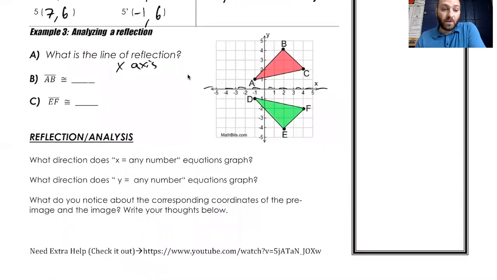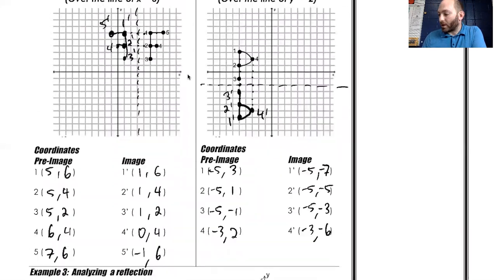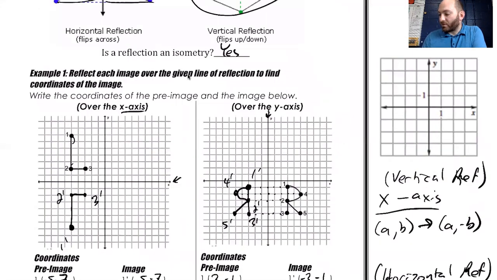And remember, the x-axis, I could actually label that with y equals 0. Okay, so one thing I didn't mention earlier: if I reflect over the x-axis, that is also reflecting over the line y equals 0. If I reflect over the y-axis, I'm reflecting over the line x equals 0. So if you see those numbers, those are actually referring to their axes like that.